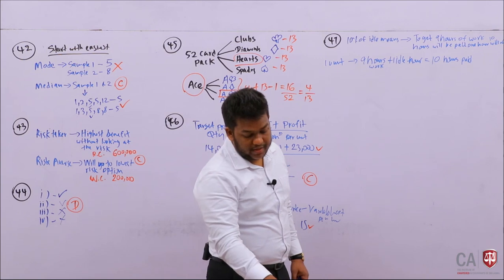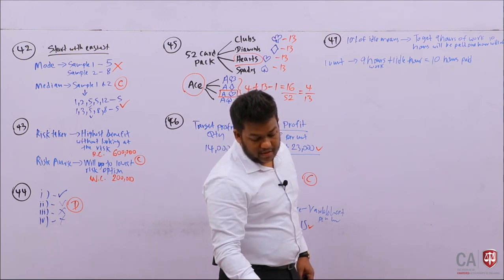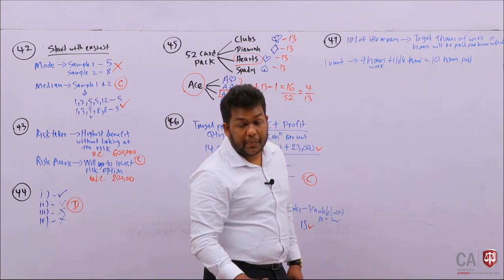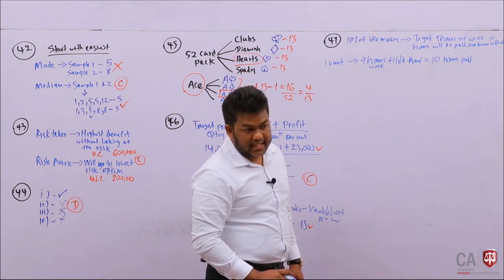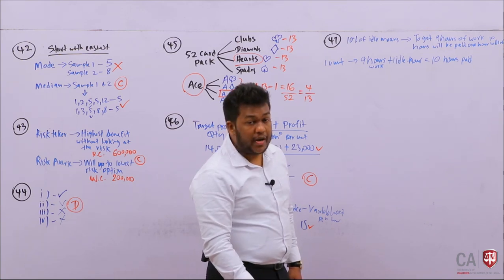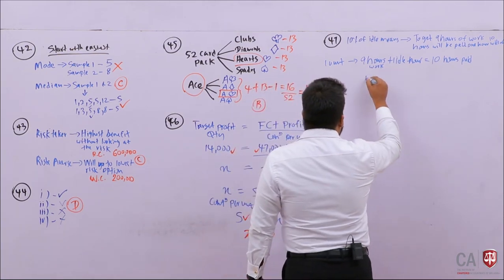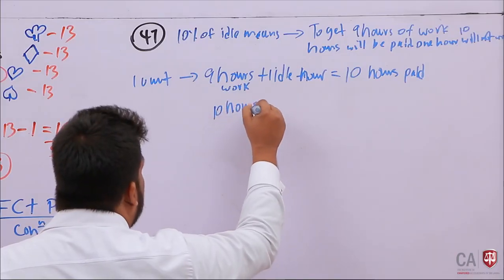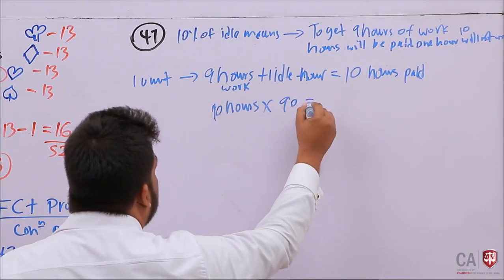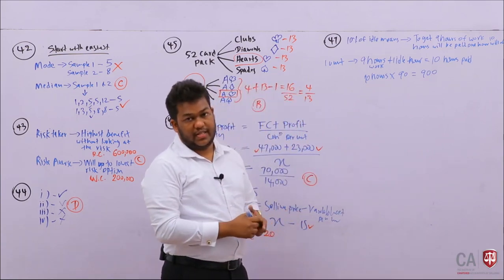So then they are asking, the standard wage rate is 90 per hour. What is the standard labor cost per unit of product L? So how many hours do they need? 10 hours. 10 hours into 90 per hour, so they have to pay how much? 900 rupees.